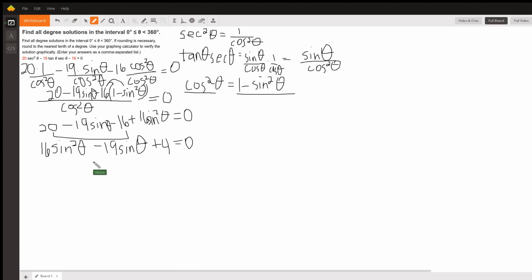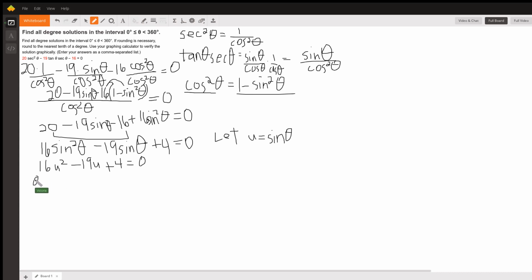Now, this is a quadratic equation. If it helps, we can just really quickly let u equal the sine of theta so that this actually looks like a quadratic equation. So this is really 16u squared minus 19u plus 4. And this doesn't factor nicely.